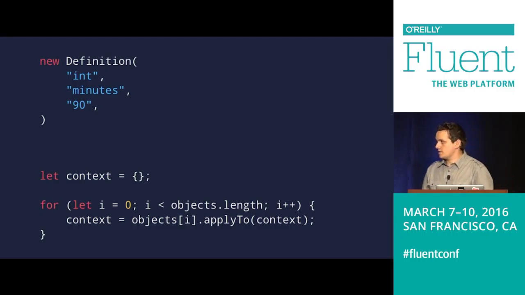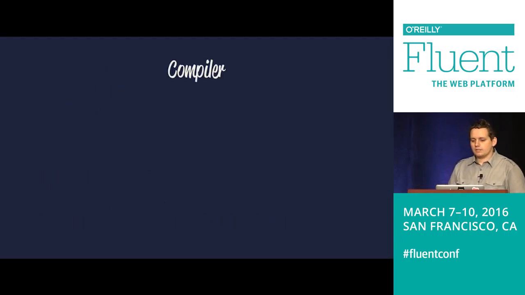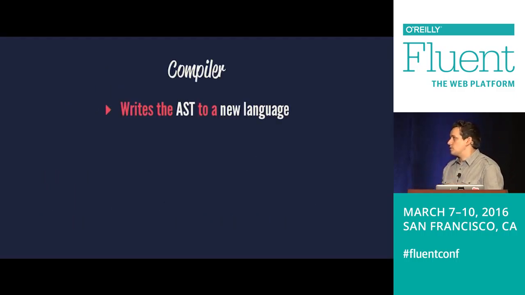Now, if you wanted to make this into a compiler, what you would have to do is you would have to take those arrays of definitions or instances of your objects, and instead of a method like apply to affect a global scope, you would have another method which would write the internals of that object in another language.